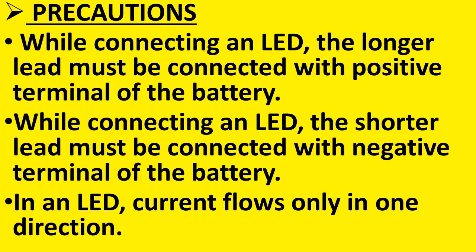So, when an LED is connected in a circuit, care should be taken to see that the longer lead, that is the positive terminal of the LED, is connected with the positive terminal of the battery, and the negative terminal is connected with the negative terminal of the battery. What is the reason? Because in an LED, current flows only in one direction.